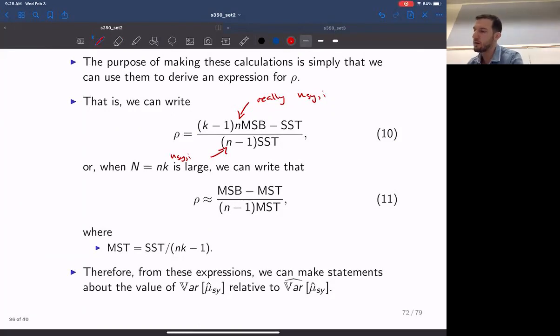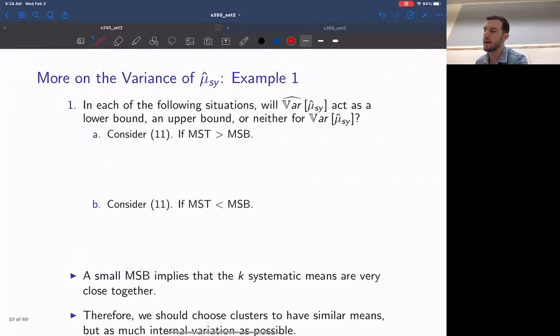All right, let's talk a little bit about what we can expect and then look at an illustration of this idea. First, what can we expect? How do we believe the variation estimate based off of a systematic sampling approach is going to act when compared to the true estimate? In the first situation, what if MST is greater than MSB?